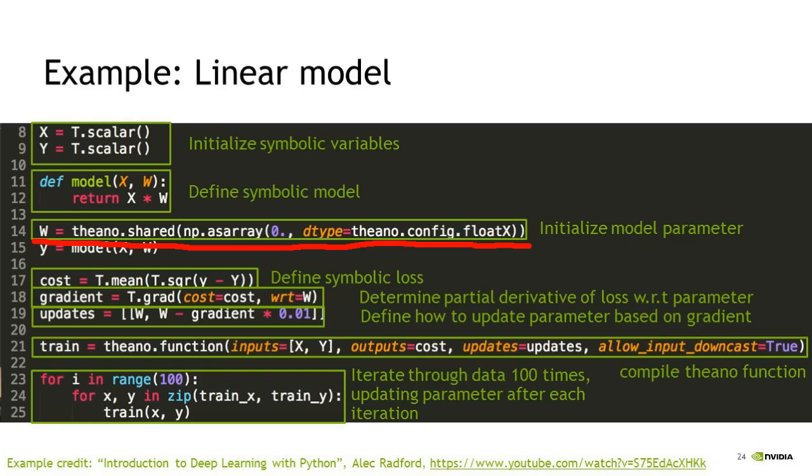You can use any method you like in Python to manage your data, to pass your data into Theano functions, and to save your Theano models. As I mentioned, Theano models are essentially a set of Python classes and a Python function. So any way that you might normally back up an instance of a Python class, such as pickling it in a pickle file, you can use within Theano as well.